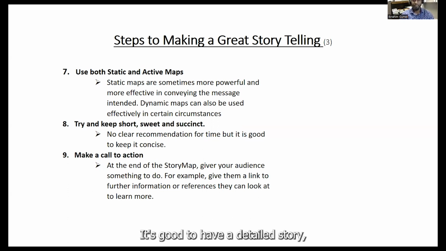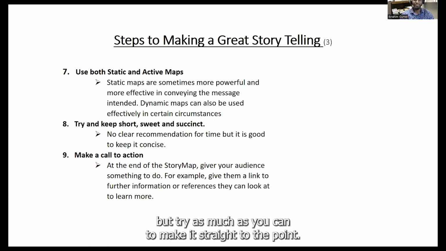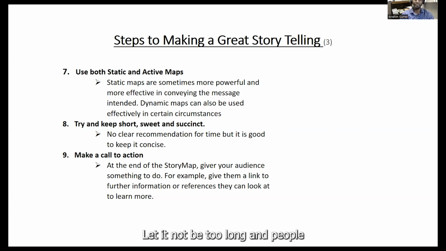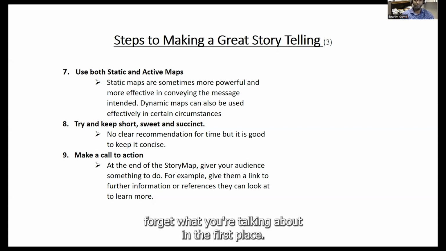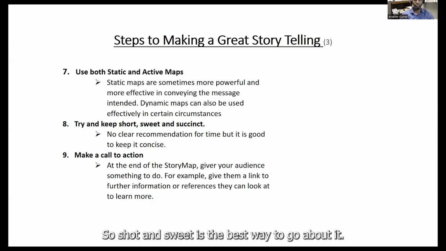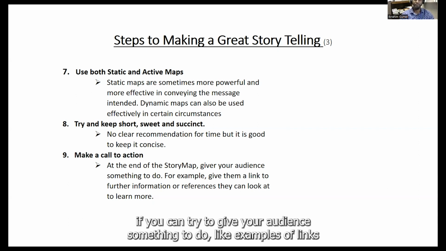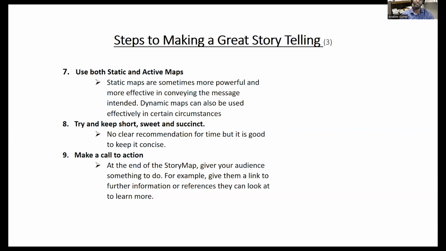It's good to have a detailed story, but try as much as you can to make it straight to the point. Let it not be too long, or people would forget what you're talking about in the first place. So short, sweet, and succinct is the best way to go about it. At the end of a story map, if you can, try to give your audience something to do, like examples and links or references that they can look at and learn more.